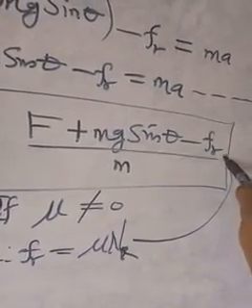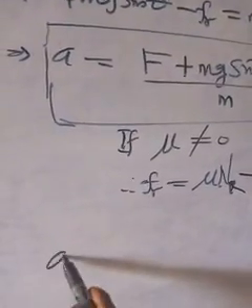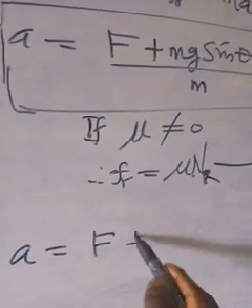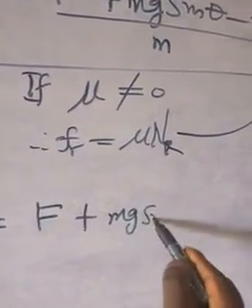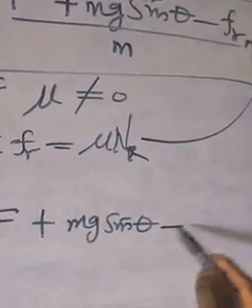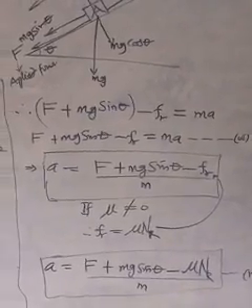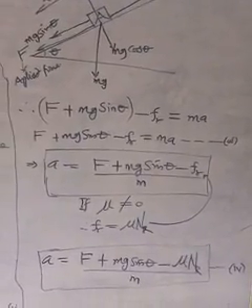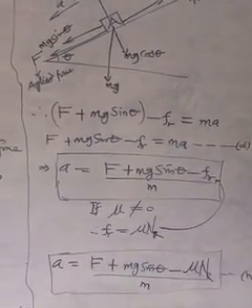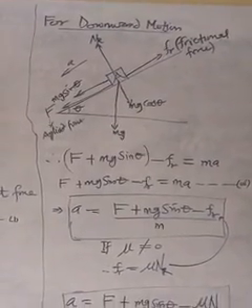Substituting the normal reaction into this equation gives us acceleration equals applied force plus mg sine theta minus coefficient of static friction multiplied by normal reaction, everything divided by the mass of the body. This is equation 4. Equations 3 and 4, we can use the two equations to calculate the acceleration of the body when the motion is downward.